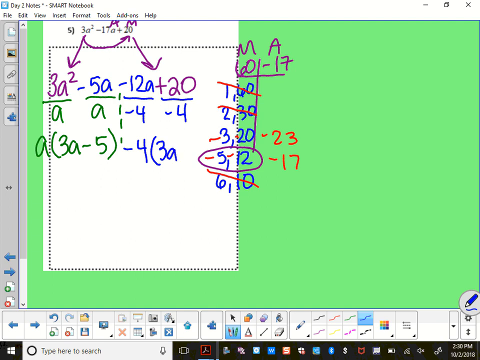I get 3a minus 5. If you didn't use 4, you used a different number, by the time you got to your matching parentheses, they'll be off. So that tells you to go back and check something different. These are matching, so we're good. So I have 3a minus 5 times a minus 4.